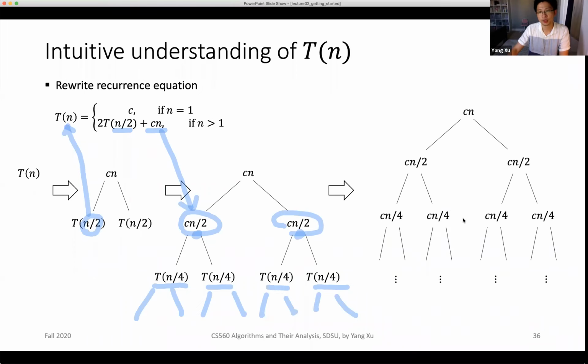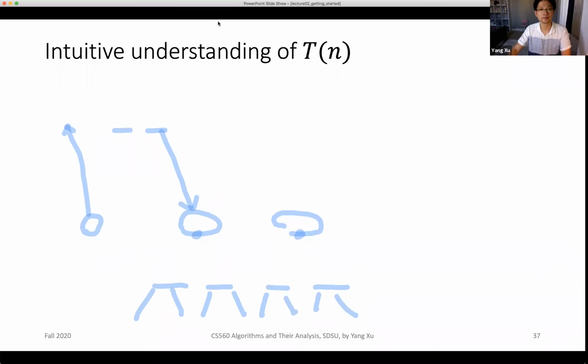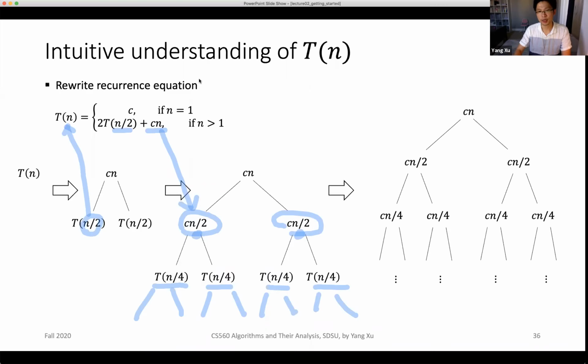In theory, these dividing steps can go on. And this tree plot will give us some intuition of how to get an analytical solution to the running time T of n.